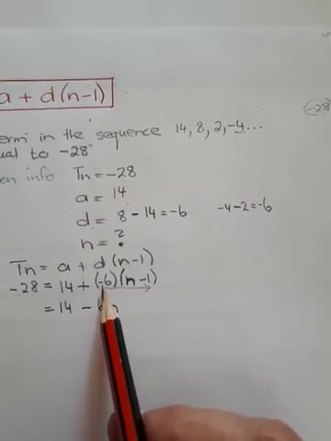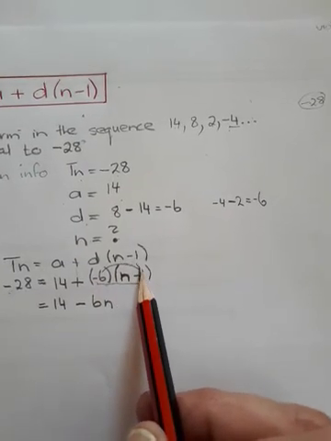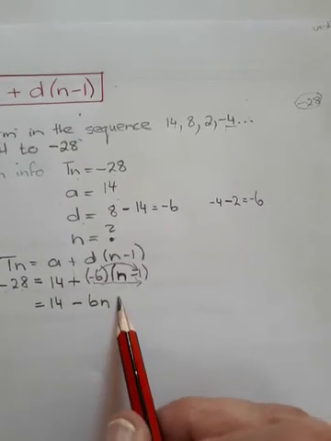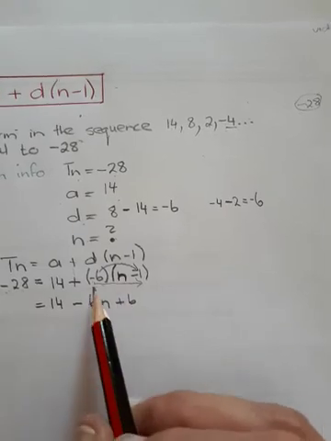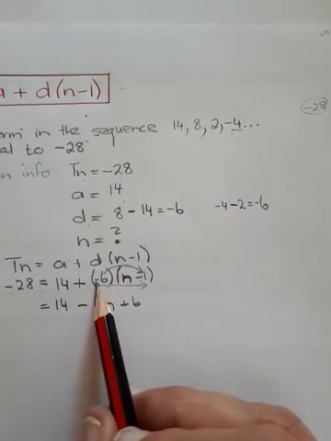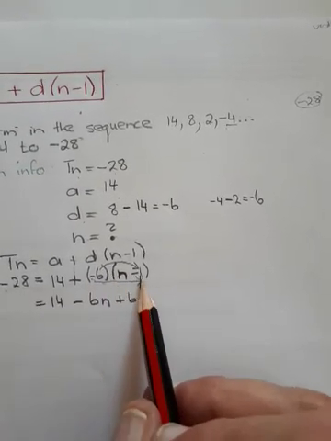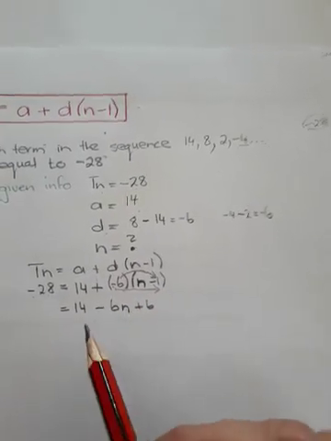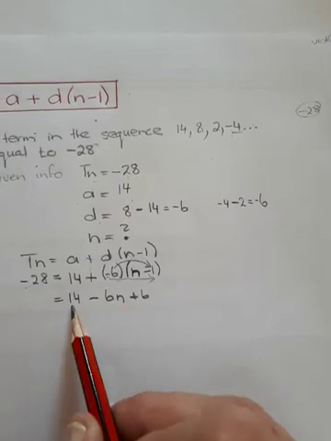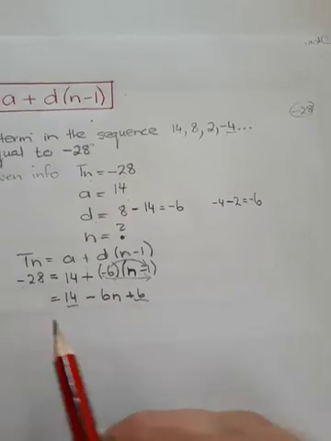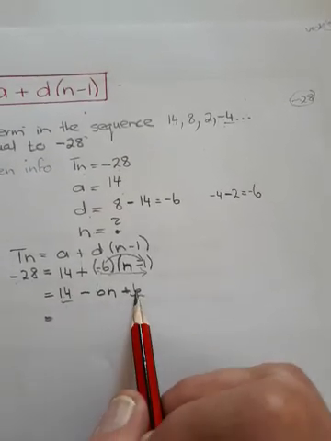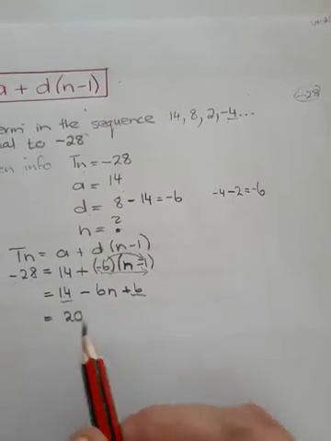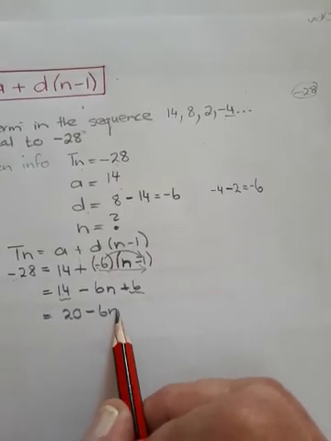And then we've got negative 6 times negative 1, which is positive 6. Be careful, there's a negative in front of the bracket, which means the signs inside the bracket change. Now we can collect the numbers. We can add 14 plus 6, which is 20 minus 6n.